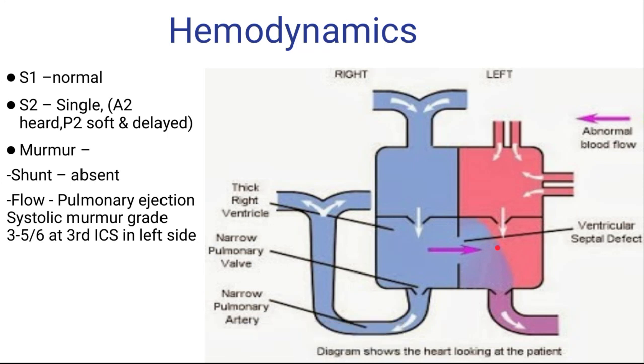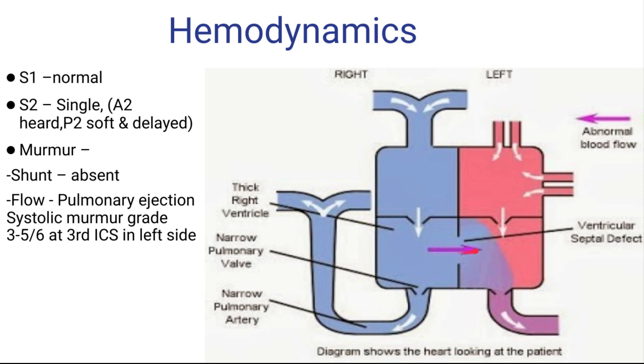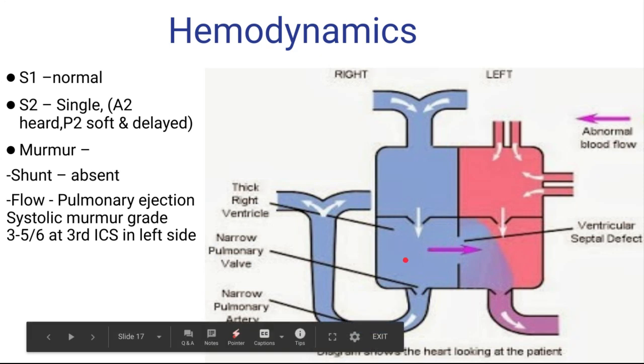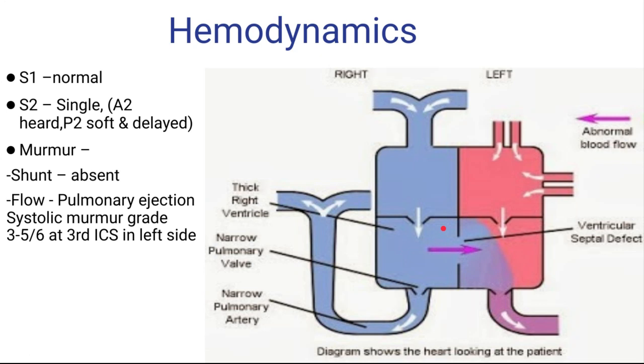And the right ventricle is decongested or decompressed by this VSD, so there will be a soft P2. So P2 will be inaudible, and the second factor is that P2 comes early and A2 is delayed, so there will be a single second heart sound.